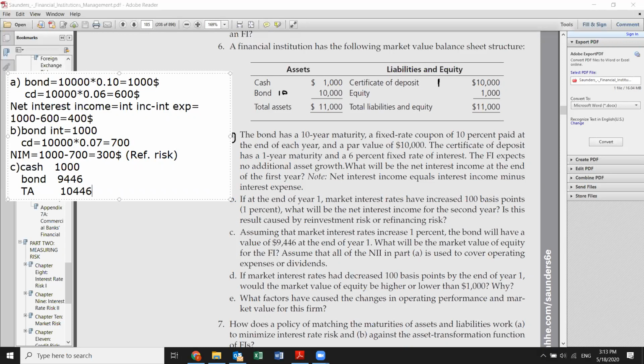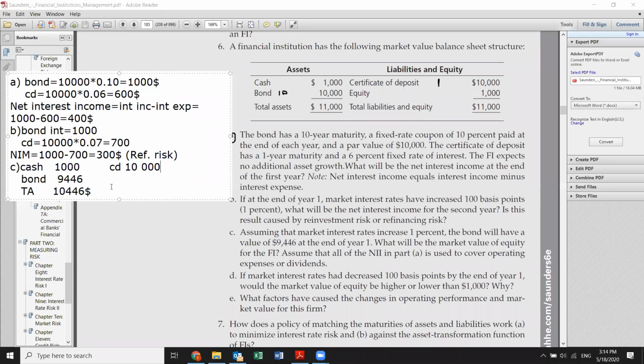So what happened to the total assets? It reduced, it deteriorated because the bond value deteriorated. And of course, our certificate of deposit doesn't change. As it was 10,000, it is 10,000.